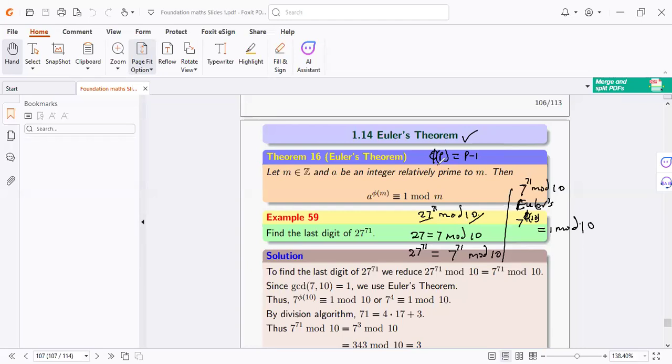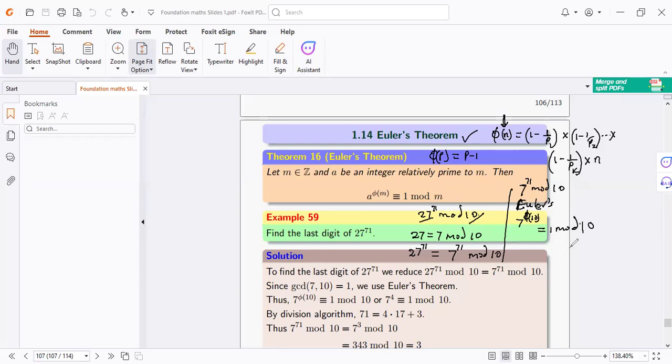Then we said that if n is not prime, phi of n will be given by 1 minus 1 over P1, multiplied by 1 minus 1 over P2, and so on, up to 1 minus 1 over Pk, and then times n, where P1, P2, all the way up to Pk are the prime factors of n. That's what we said yesterday.